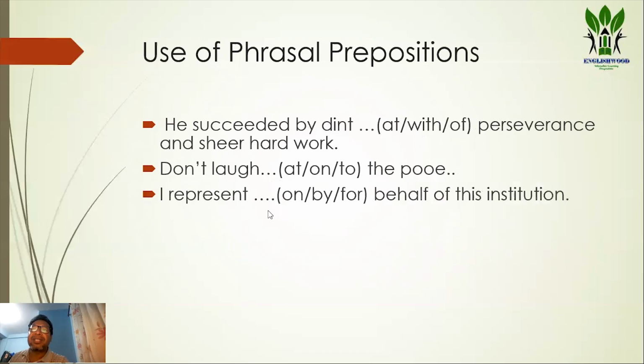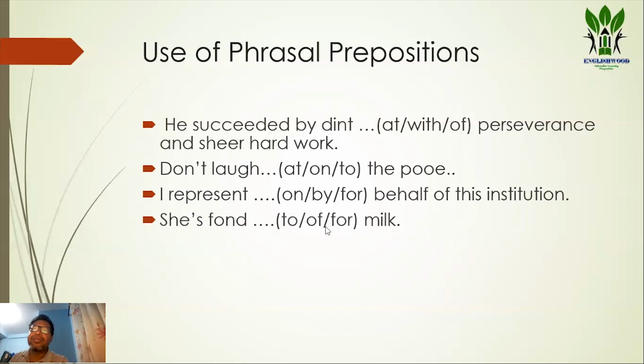I represent, on behalf of, by behalf of, for behalf of this institution? We simply say on behalf of. Therefore, on behalf of is obviously a prepositional phrase.